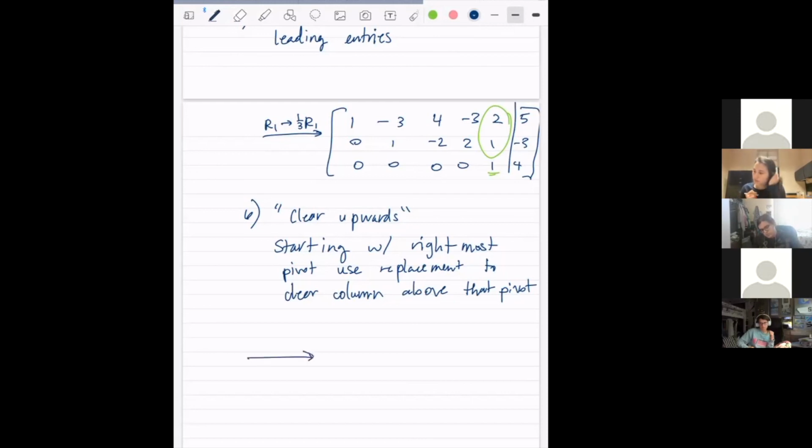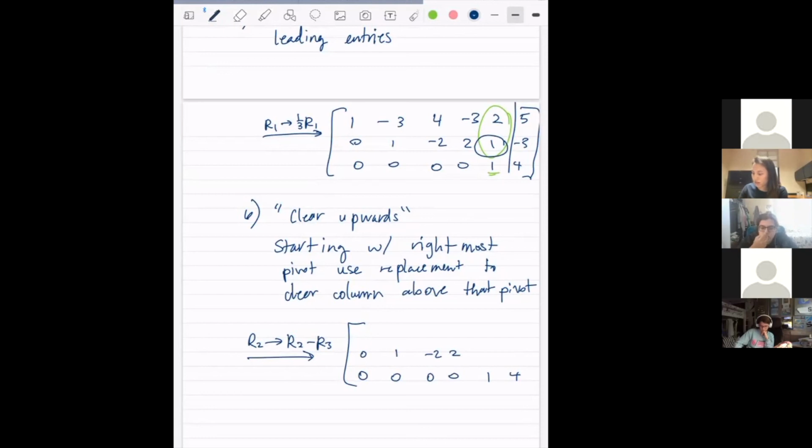Okay, so what we can do is then clear. So finishing off this, I'll just do one step actually. So we'll clear this particular one, and then I'll leave you to finish off the rest. So the way that you want to do this is you take row 2, replace it with row 2 minus row 3, right? That will get rid of your 1, and then so we have the last row. Next row, since we have all these zeros, it doesn't affect the first 4 entries of this row, right?